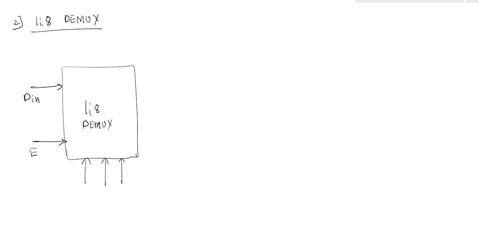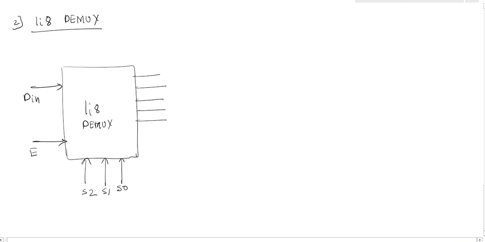So the select lines will be 3. The select lines are S0, S1 and S2, and the outputs will be Y0, Y1, Y2, Y3, Y4, Y5, Y6 and Y7.